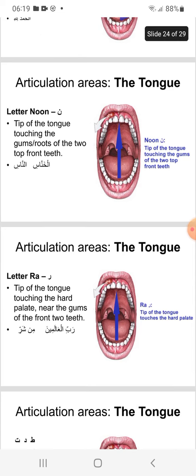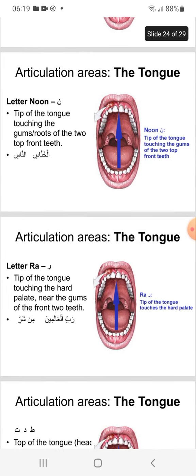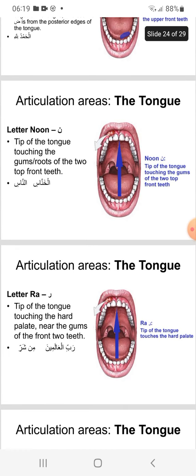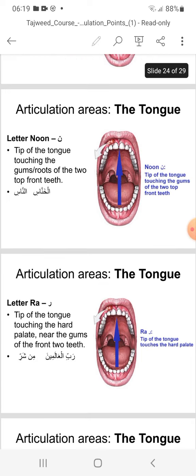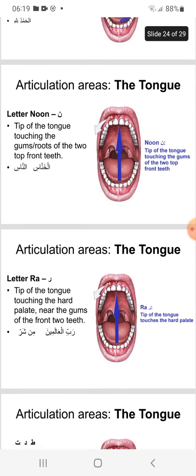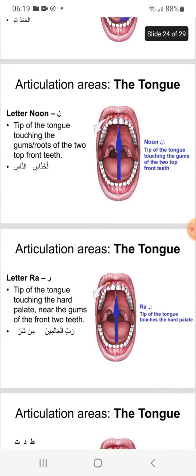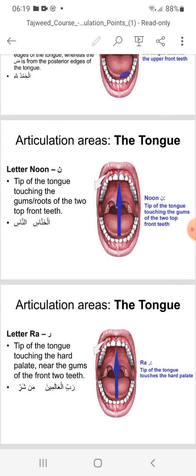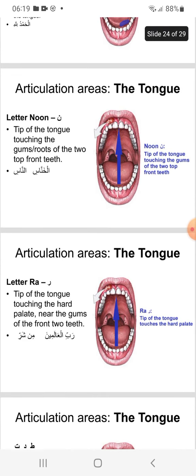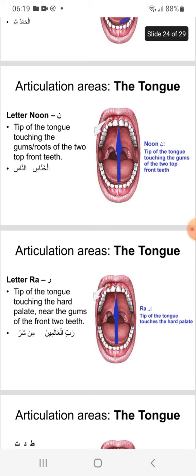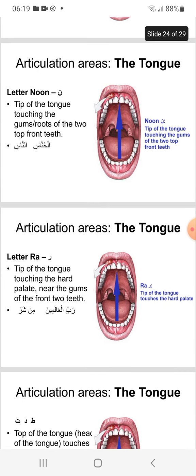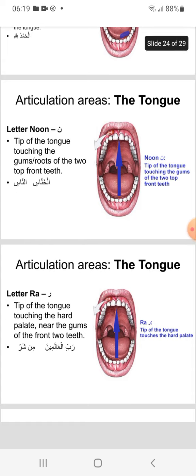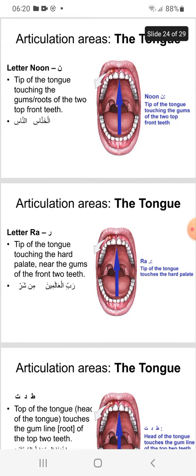What else do we have to do? If you touch the gum of the upper teeth very strongly, this is not correct. Why? Because this will trap the sound there very strongly, and this will not be a clear ra. If I try to do this with you, it will be like ar.